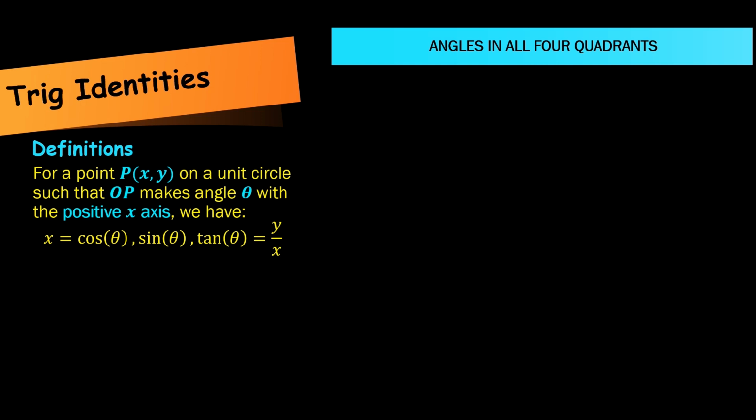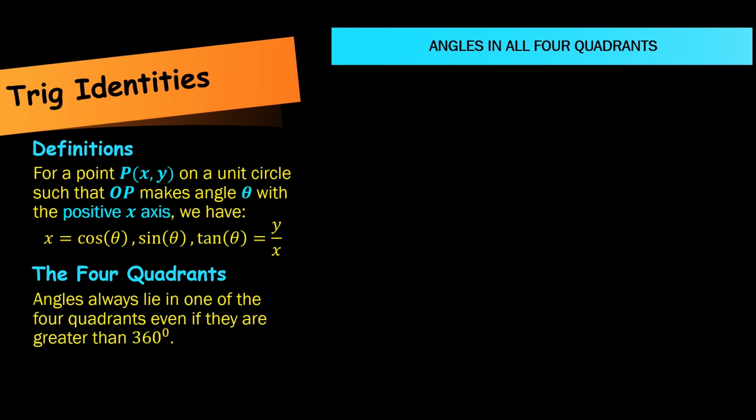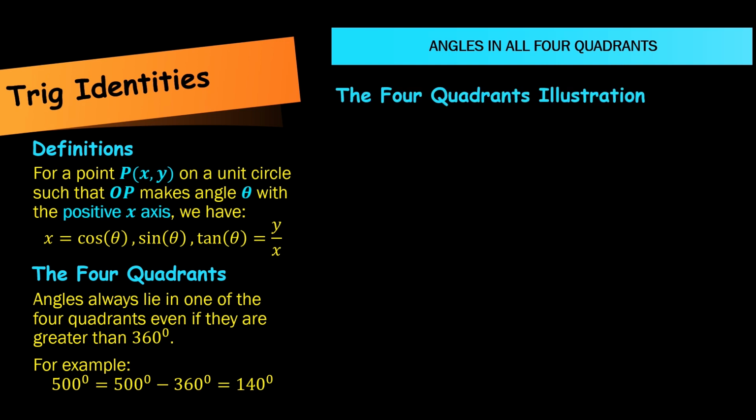Now let's take a look at some more theory. The four quadrants. Angles always lie in one of the four quadrants, even if they are greater than 360 degrees. So for example, 500 degrees equals 500 degrees minus 360 degrees, which is 140 degrees. Let's take a look at an illustration. Here are the x and y axes.